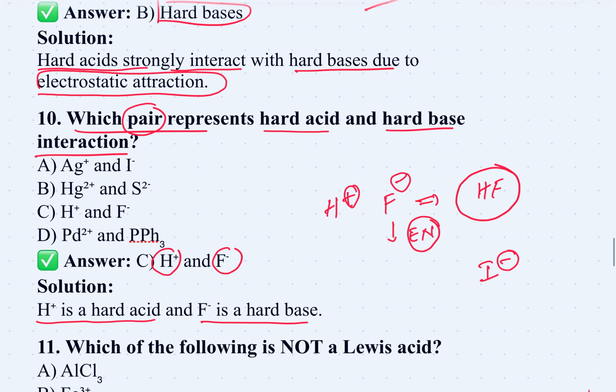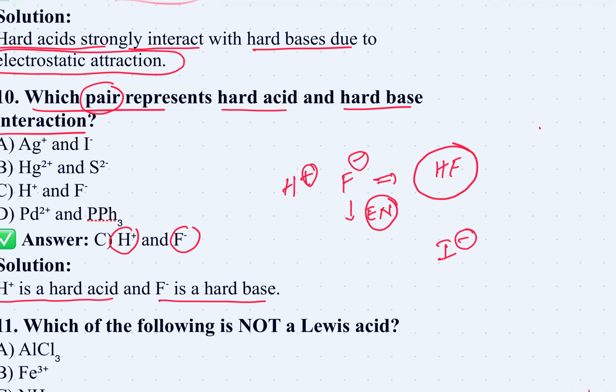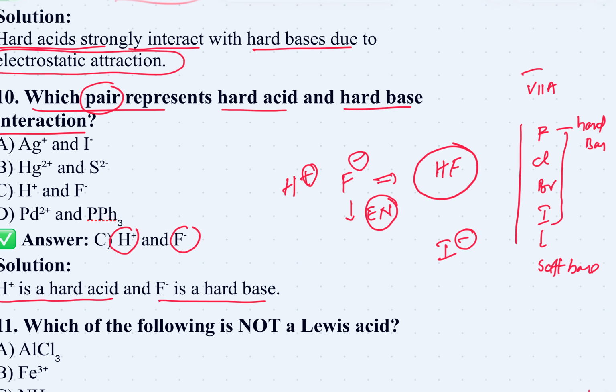Don't forget. What is this? Soft base. I am giving one logic for you. Fluorine, chlorine, bromine, iodine. See. Now tell me. Here, fluorine is what? Hard base or soft base? Hard base. Now iodine is what? Soft base. So, in the seventh A group elements, acidity or basicity goes from hard to soft.